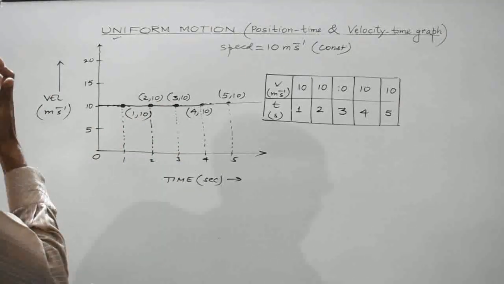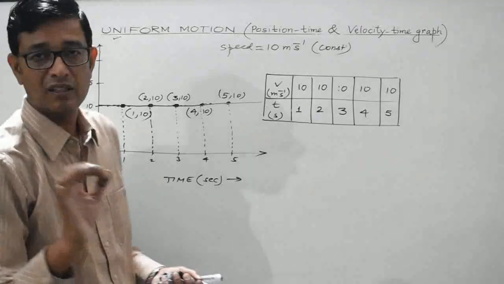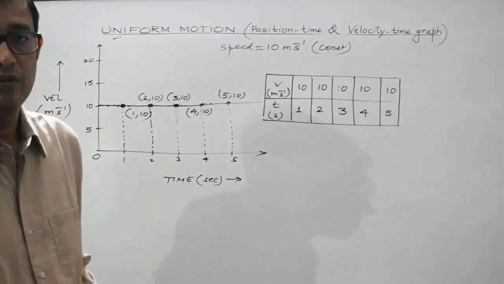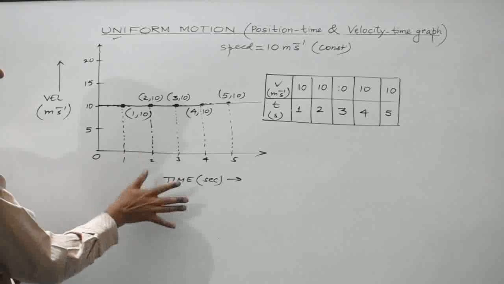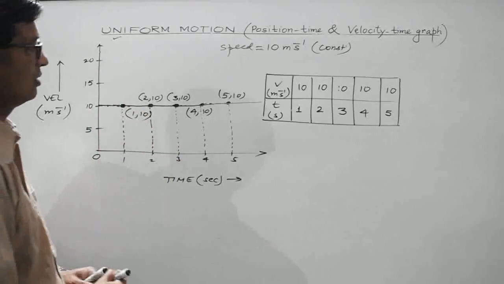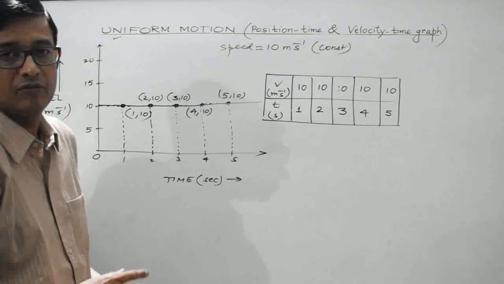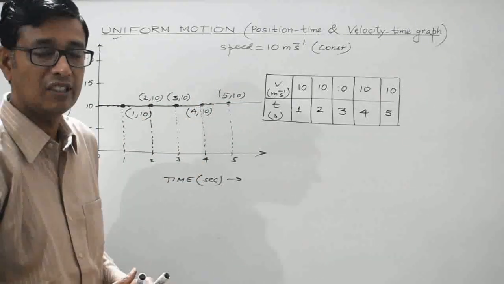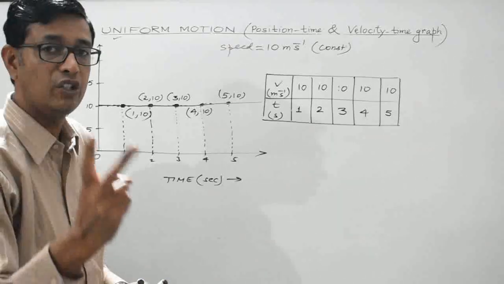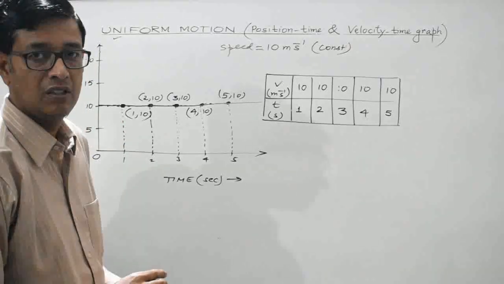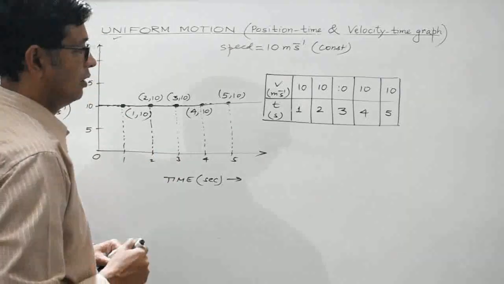Now there is a very important thing to be understood. The area under the velocity time graph will give us the distance or the displacement covered by the body between two given intervals of time. I'll convince you.